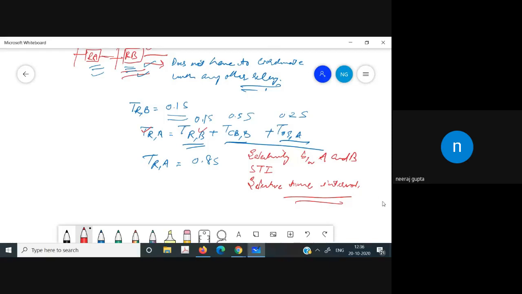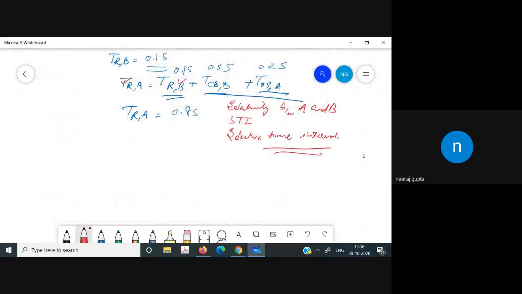Now, from this whole discussion, you have seen that the setting started at the tail end relay, because it doesn't have to coordinate with any other relay, and it is the fastest one.